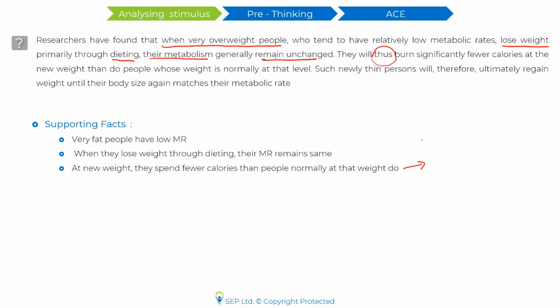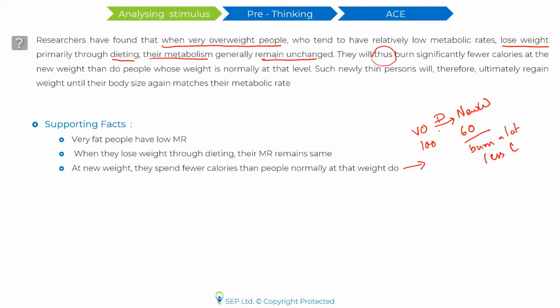Now, you could simplify this further in your mind. So, let's say I was 100 kilos, very overweight. And then I dieted and I became 60 kilos. So, this is my new weight. At this weight, I am going to burn a lot less calories. I'm going to use the word less, it's easier to talk.